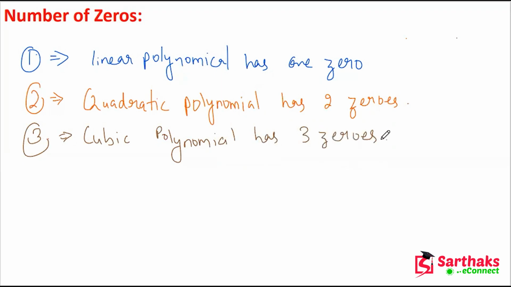So I hope you understand these things. The number of zeros depends on the degree of the polynomial. If it has degree 4, then the number of zeros is 4. I hope you get this point.